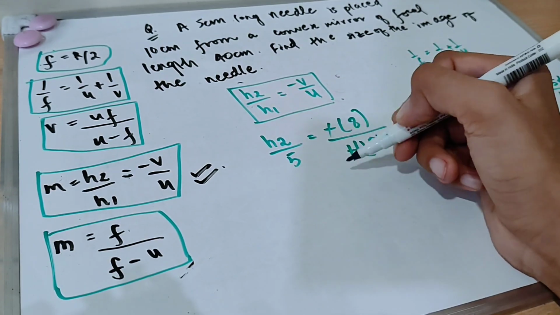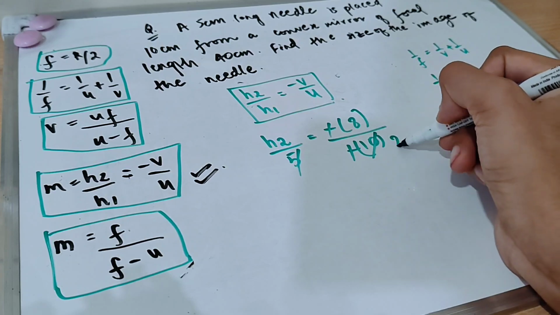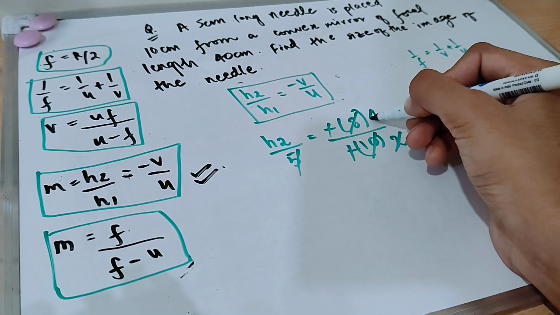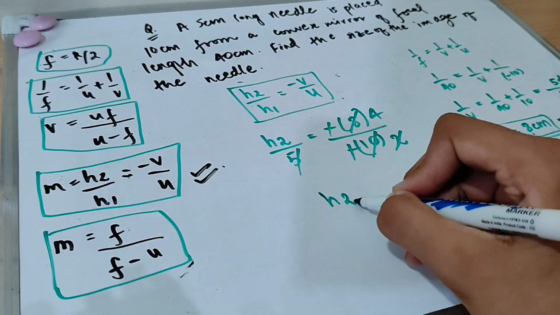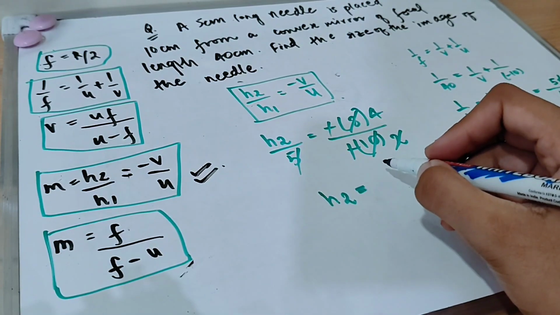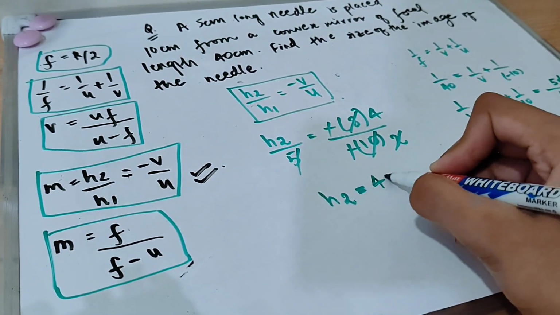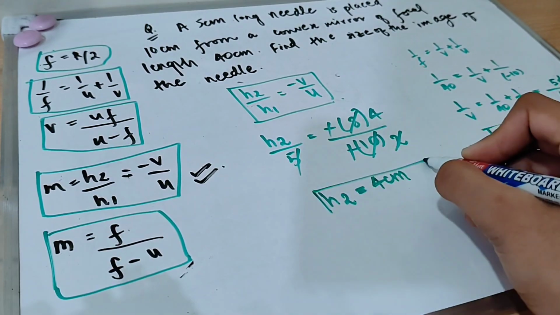So this minus is going to cancel this minus, this 5 is going to cancel it by 2, this 2 is going to cancel it by 4, which means that the height of the image is positive 4 centimeter.